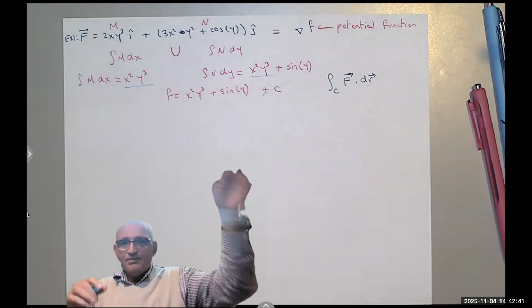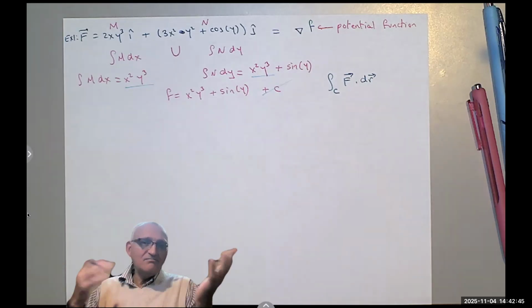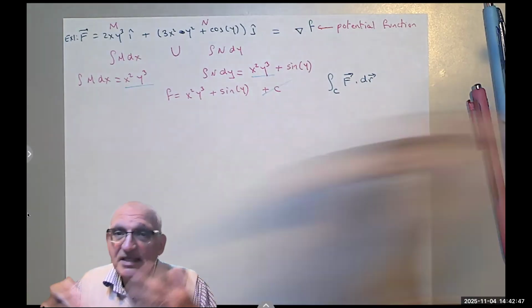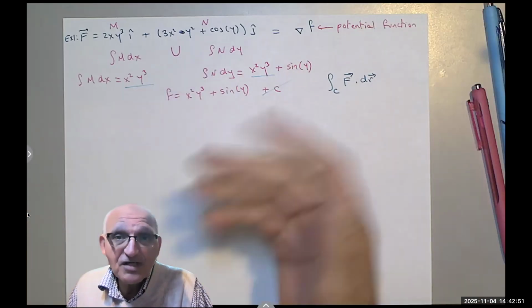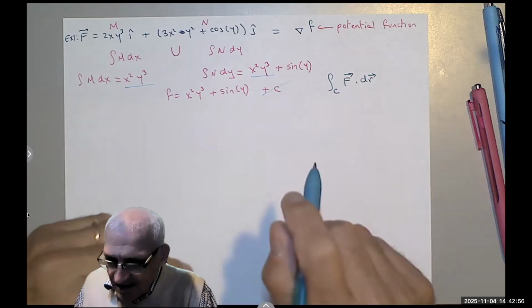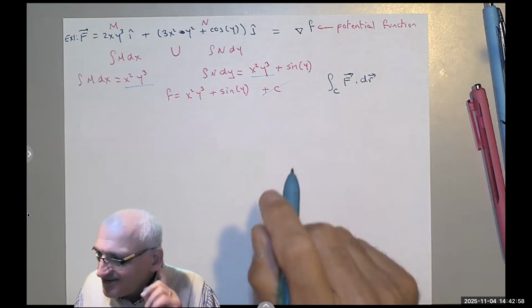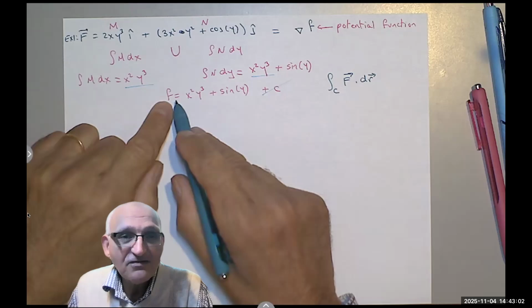It may be part of an ellipse, it may be a straight line, it may be whatever the case might be. It may be given to you in parametric form. I don't care. But you say, you said, I don't care? Yes, I don't care once I have the potential function.